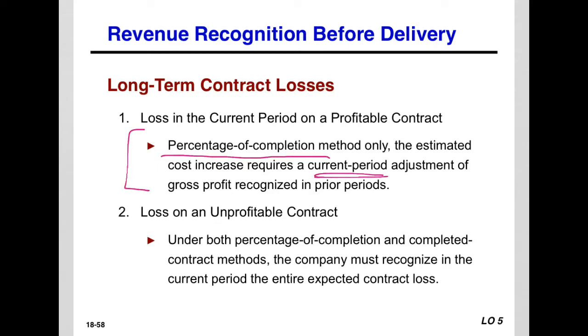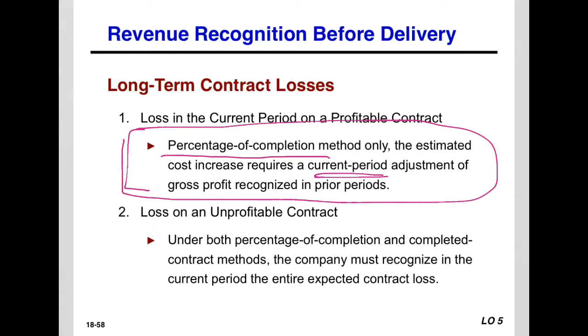Let me restate that. What we do is we make the current period adjustment so that up to the new date, the gross profit is in agreement for all the years that we've been doing percentage of completion. So if that means we have to show a loss in a current year in order to make it work out with all the years, that would be fine under percentage of completion.